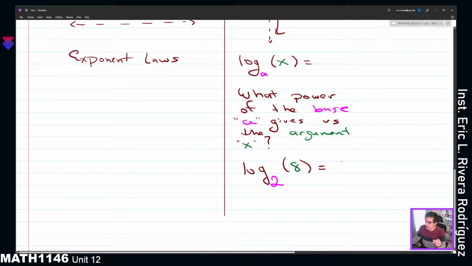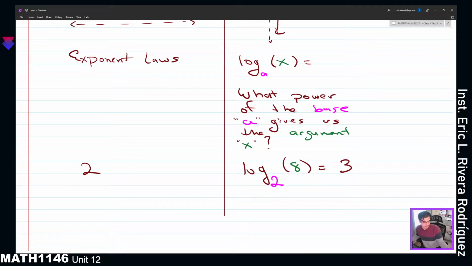And that is 3. So that is how we calculate the log base 2 of 8. What is the power of 2 that gives us 8? You will see that if we use this example, give me a moment, just sorry.